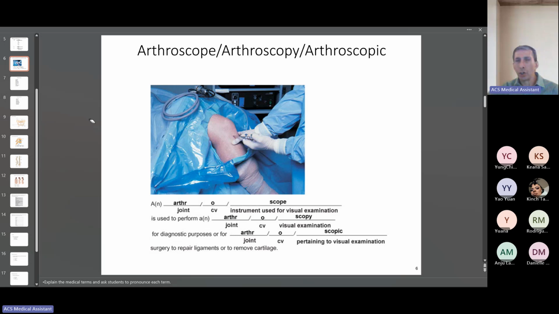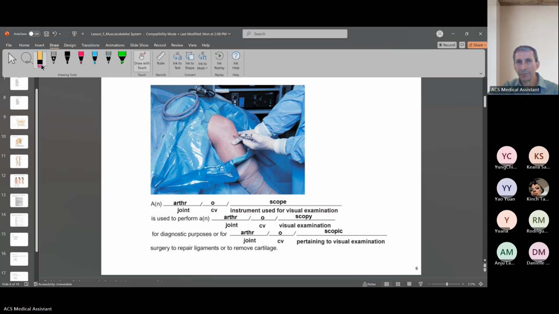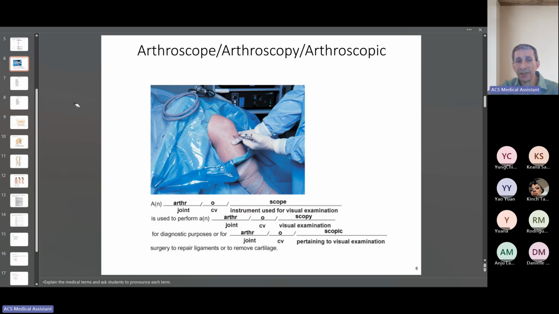Remember, scope, the instrument. Scopic, this is pertaining to the instrument used to visualize. Scopy is the actual visualization or the examination that we're doing at that particular moment. So if we use these terms in this way, it's going to be a lot easier for us to understand how to utilize these medical terms, where to use them, how to define them.